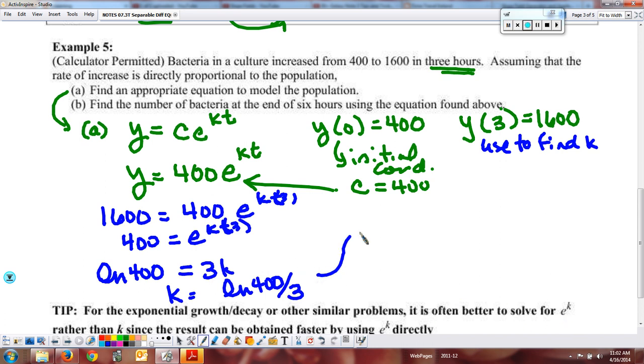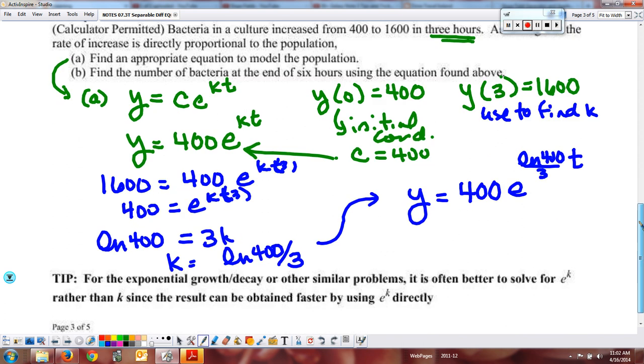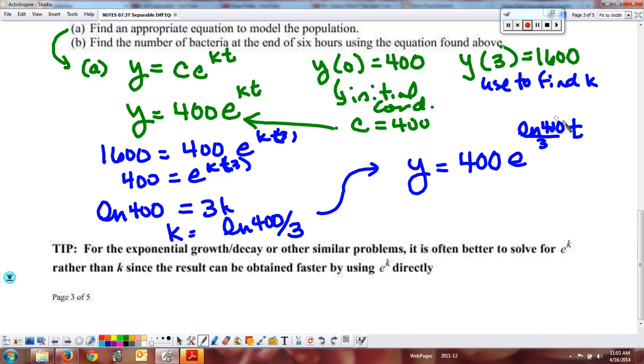Now I'm going to put this back in. Y equals 400 e to the natural log of 400 divided by 3 times t. Now, let's think about this using a little bit of log properties.